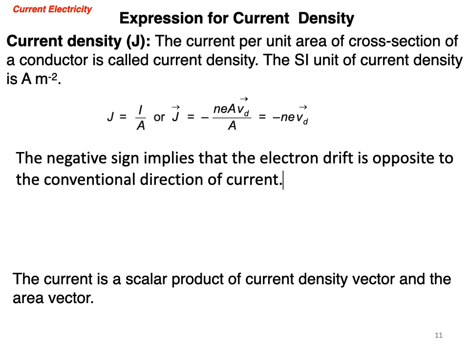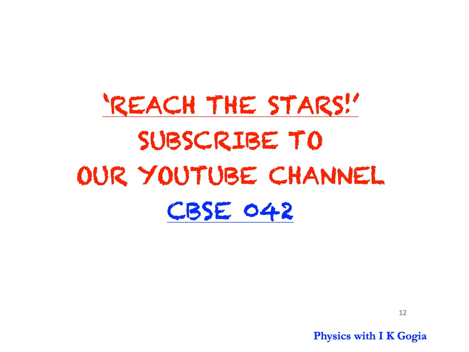The negative sign implies that electron drift is opposite to the conventional direction of current. And we have current as the scalar product of the current density vector and the area vector. This is the expression for current density.